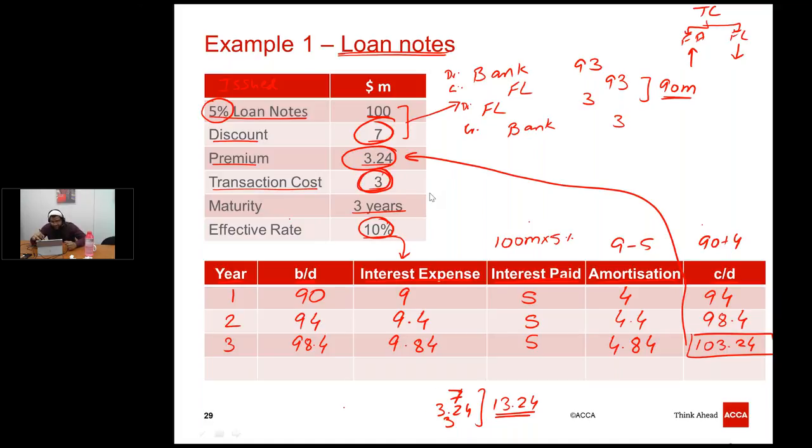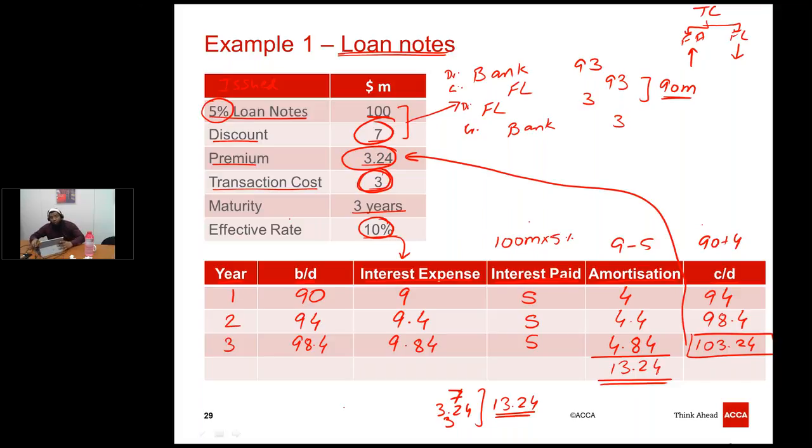Yes, Simran, if somebody is issuing, it means they are getting the loan. So this is an expense which relates to all of the 3 years, so it should be divided between 3 years. And if you calculate the sum of the amortization, you will get the same 13.24.